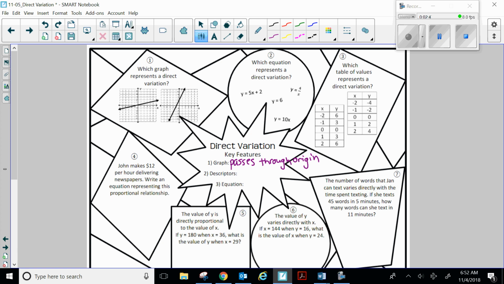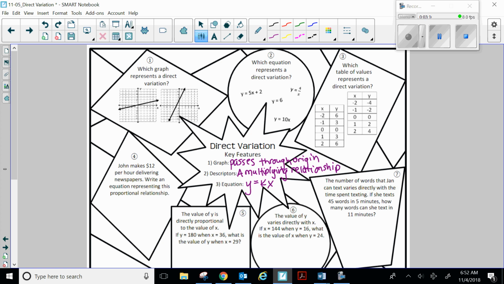Some other descriptions that we have: it is only multiplying, so a multiplying relationship. And my equation looks like y equals kx.